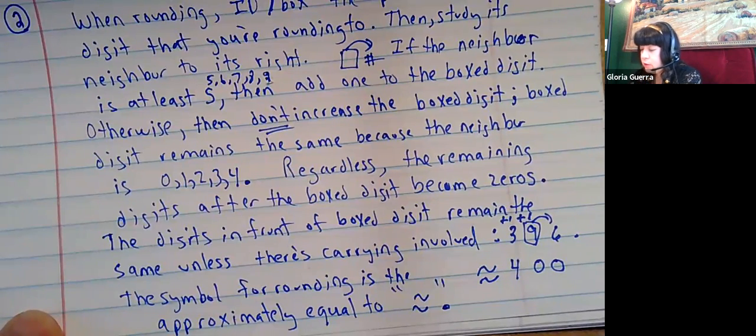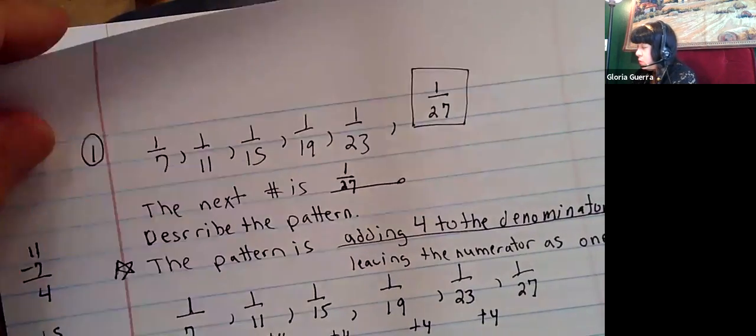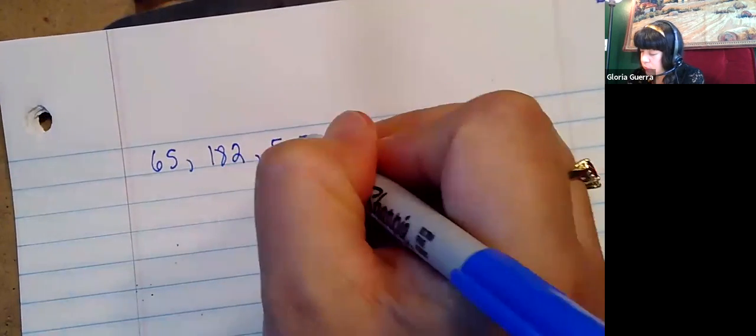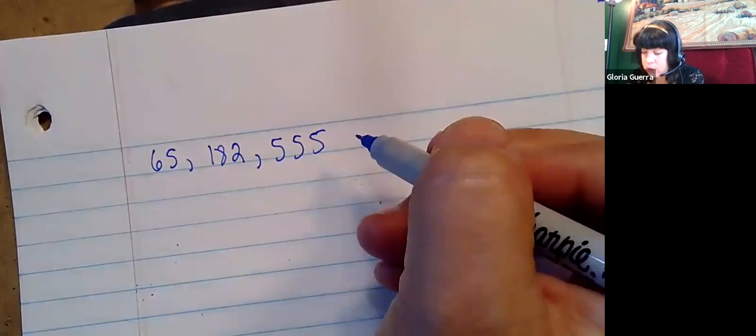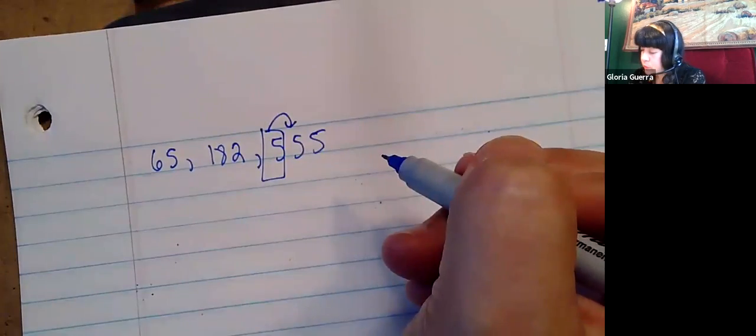All right. So when I go back to my problem, remember we had 65,182,555, and we were rounding to the nearest hundreds, they said. Ones, tens, hundreds. We look at the neighbor. Is that 5 or more? Yes.